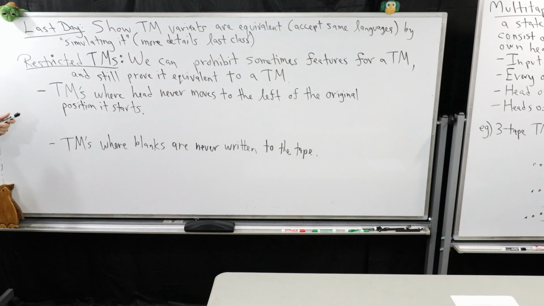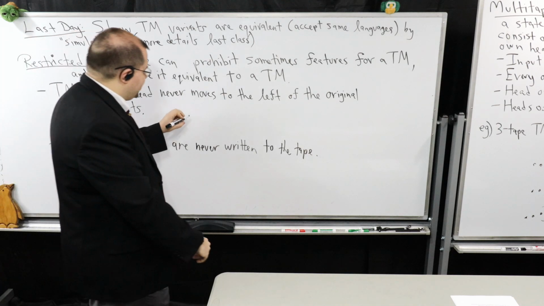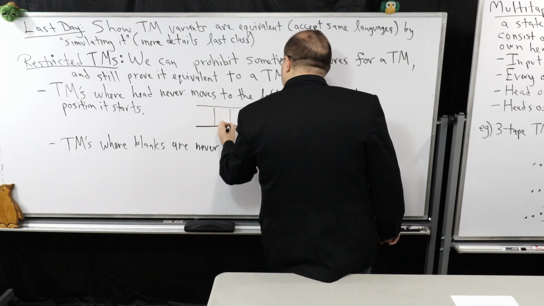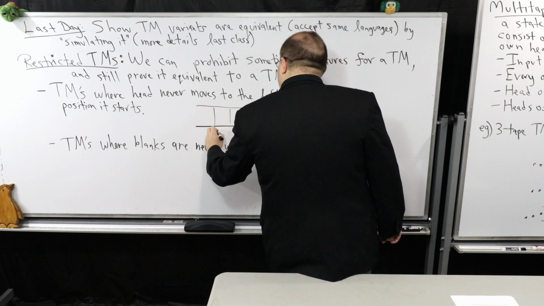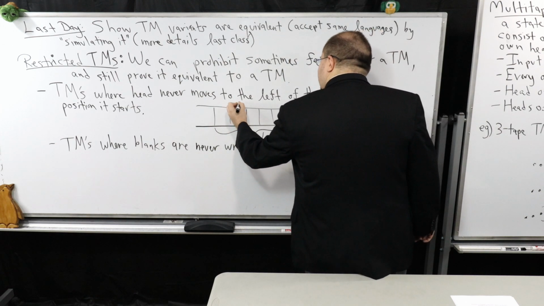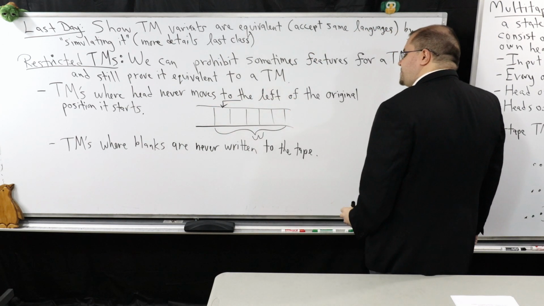So here's a couple of examples of such things. The first one I have here for you is, suppose I have a Turing machine where its head never moves left of the original position it starts. So what I mean by this is, remember, if I have my input W that's put on the tape, the head starts right here, right?